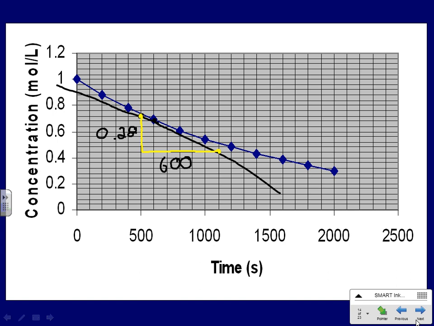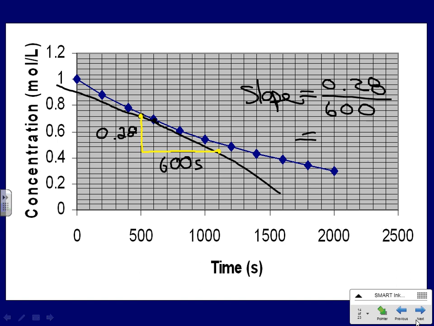That's 600 seconds. It just turned out. All right, that way. And therefore, my slope of the tangent is going to be rise. It's actually negative 0.28, but we don't concern ourselves with negative for chemistry, over 600. And if someone could just do that calculation for me briefly, then we would have a value.